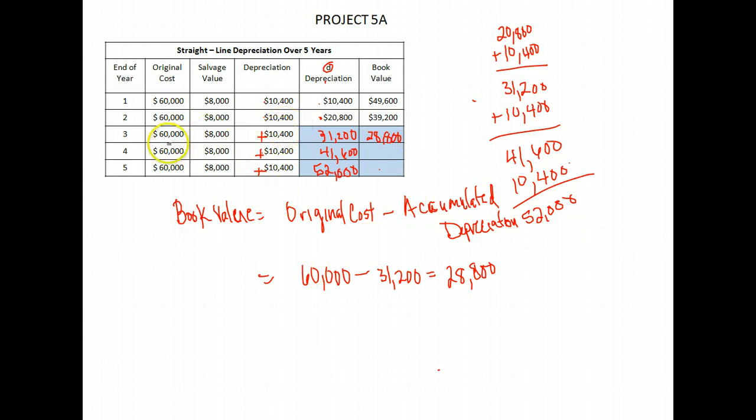Okay, we keep going. The next one in year 4, again, the original value was $60,000, but in year 4, the accumulated depreciation was $41,600. Do that, we get 18,400.